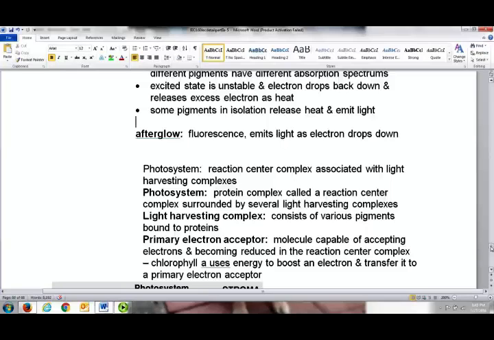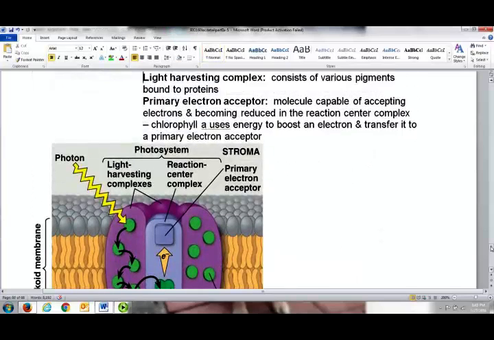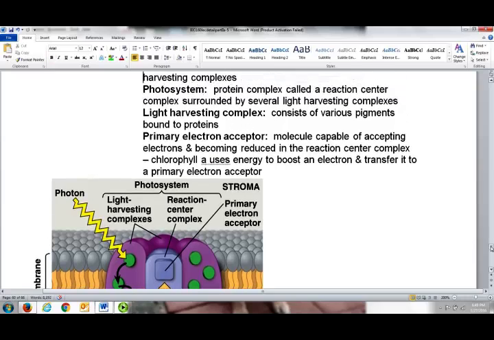So your photosystems are going to be your reaction center complex associated with your light harvesting complex. So in your photosystem, you have a protein complex called the reaction center. And that complex is surrounded by several light harvesting complexes.